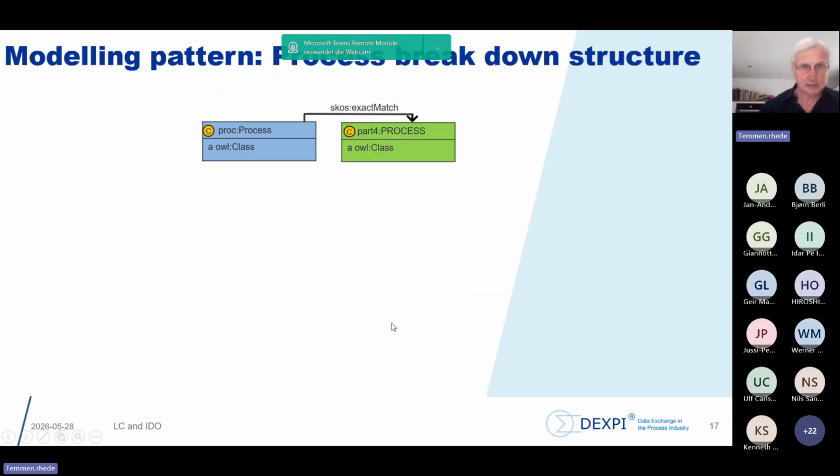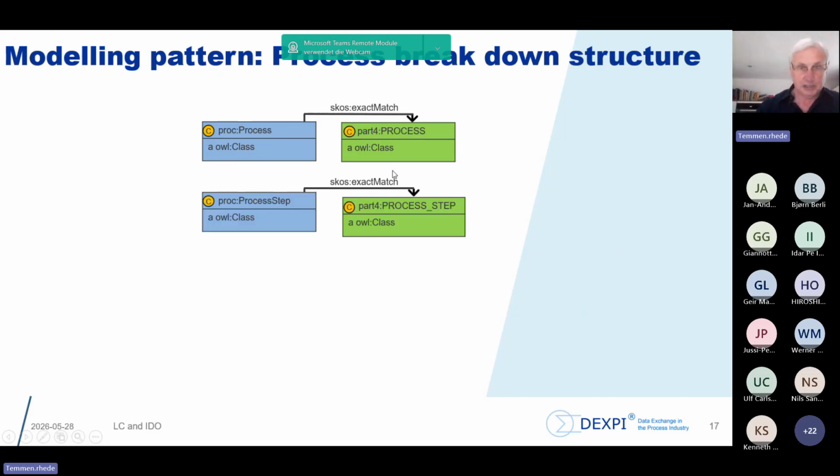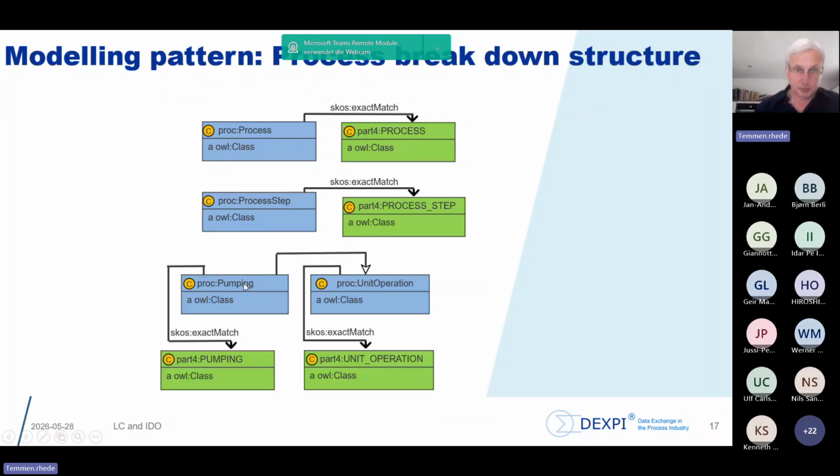A modeling pattern for that could look like that. We start with the process and have an exact match to part 4. The same with the process step. And then we have the pumping as unit operation, and the pumping itself has an exact match to part 4 and the unit operation as well.